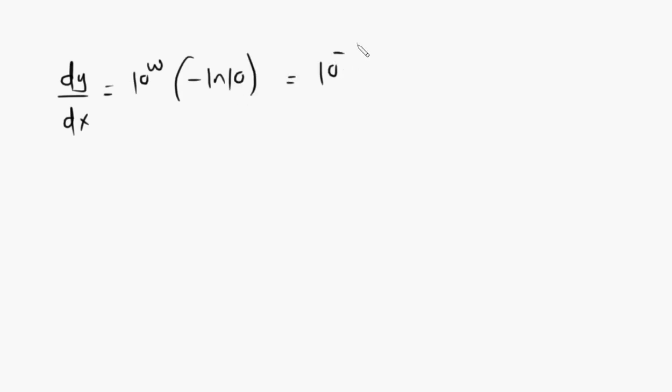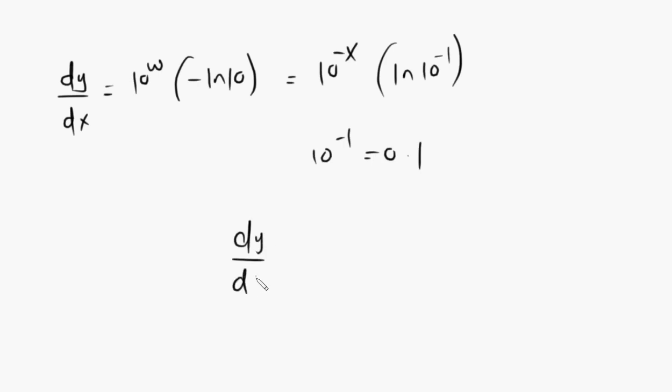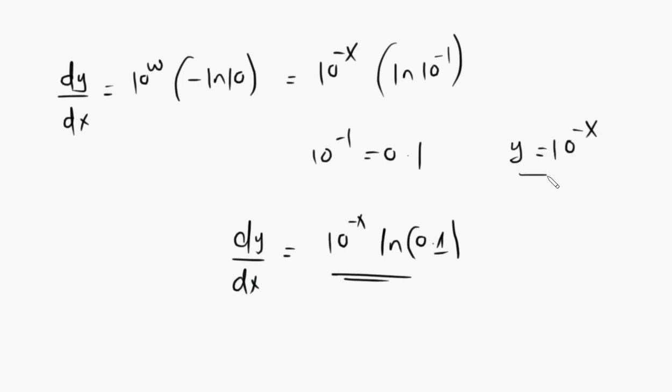Remember w ni negative x, okay? So itakuwa ni ln 10 power negative 1. What is 10 power negative 1? 10 power negative 1 is just equal to 0.1. So now my dy dx will just be equal to 10 power negative x ln 0.1. So this one is dy dx when y is equal to 10 power negative x.